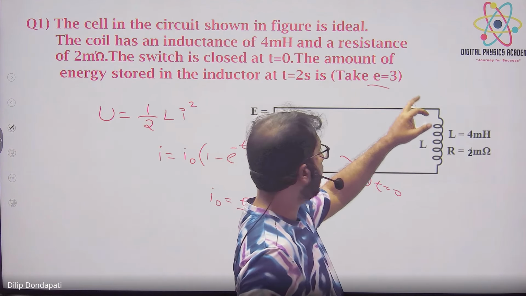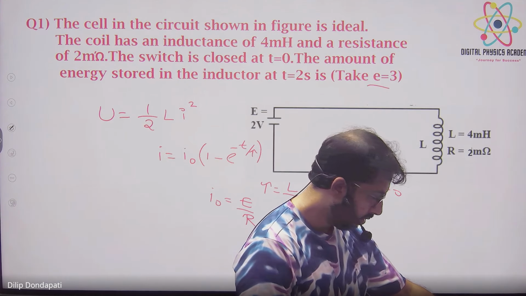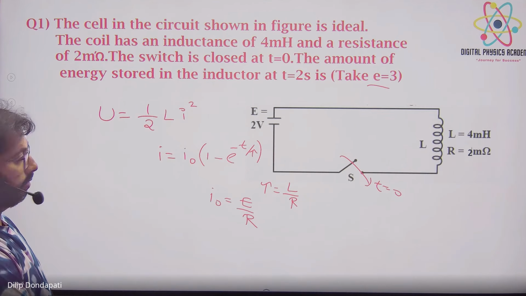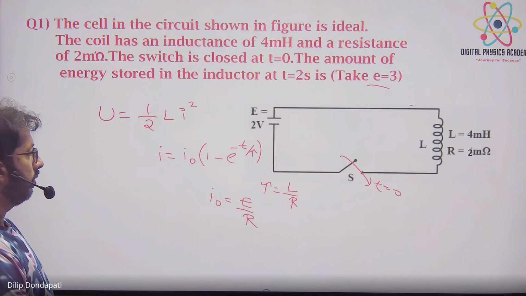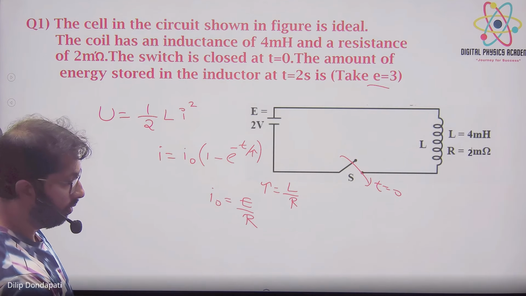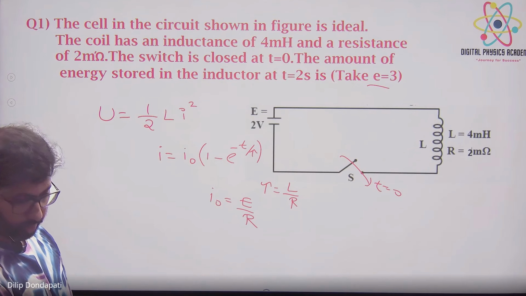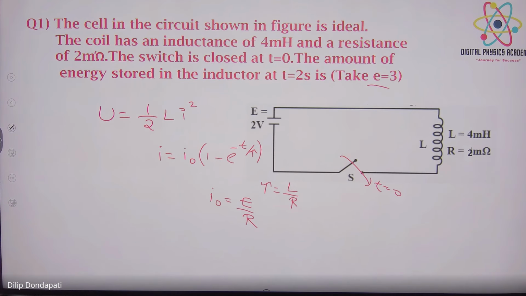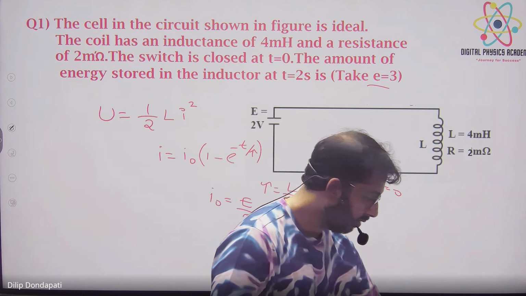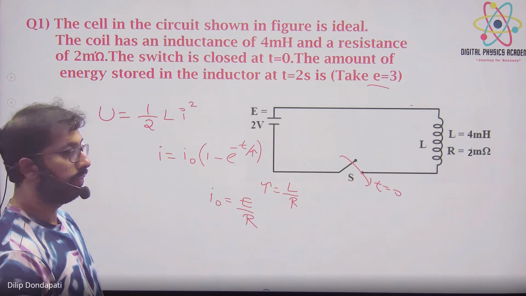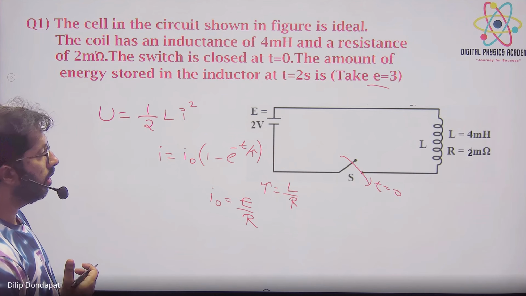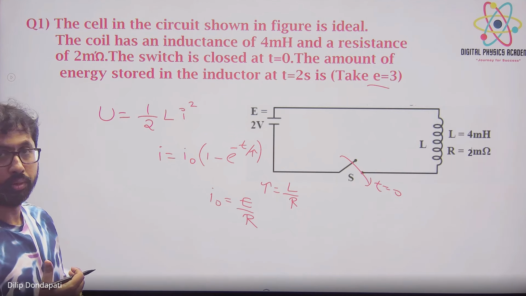And he told to take the value of e as 3. Resistance is also 2 milliohms, right?